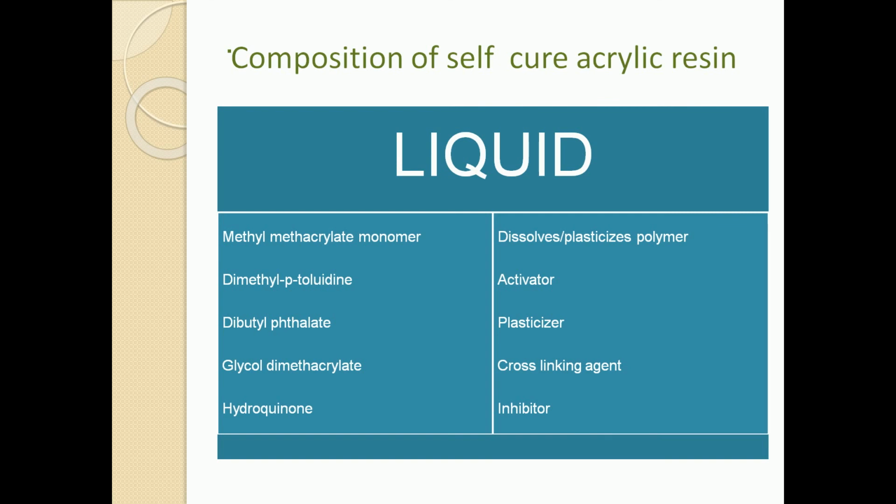Next question is, polymerization of self-curing resin takes place faster in, your answer is hot water. Next MCQ is, cold cure acrylic expands in water by, your answer is 1% by volume, 0.23% by weight. It was asked in your NEET exam.